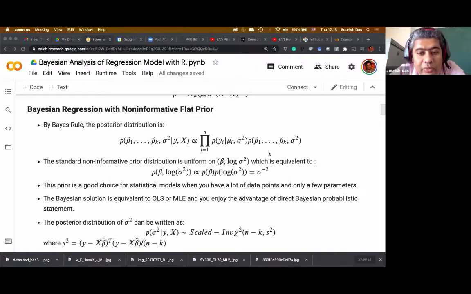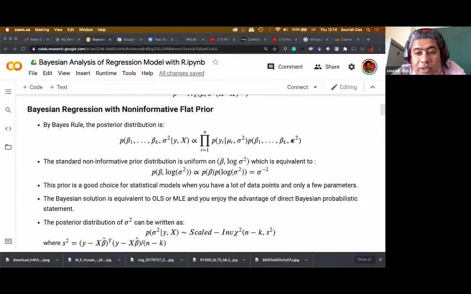So the first thing we can do is, beta 1 to beta k are coefficients. Technically, they can take any value on the real line. So the support of these, beta 1 to beta k, is the real line.